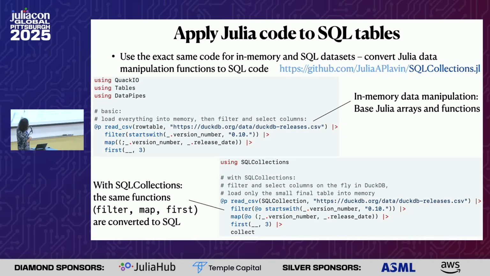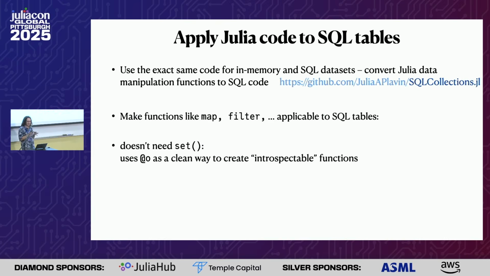With very tiny modifications, you just add O here from Accessors. It works without loading the data set into memory. It converts it to SQL and only materializes the final result. Here, it uses only a part of optics. It doesn't use set at all. It just uses the @o macro as a neat way to create introspectable functions that you can then nicely convert to SQL. So that's it about use cases.